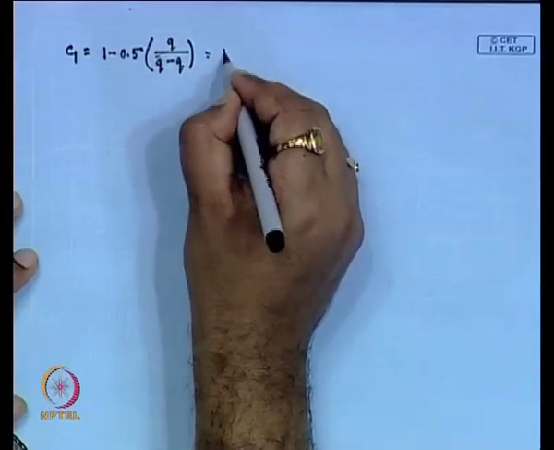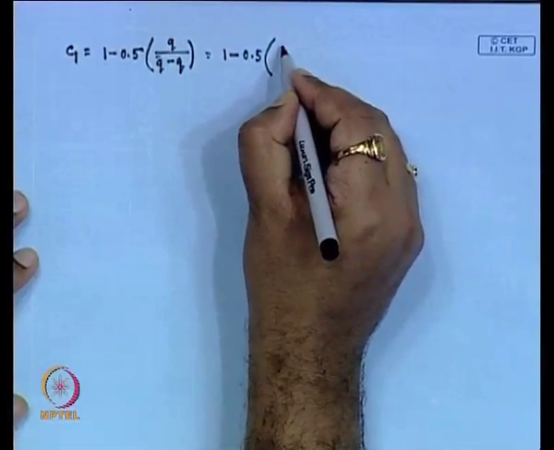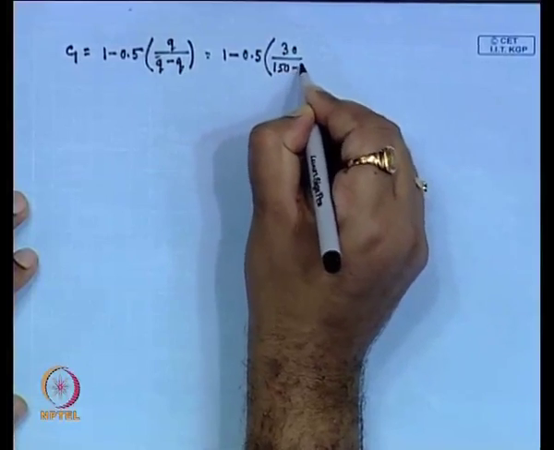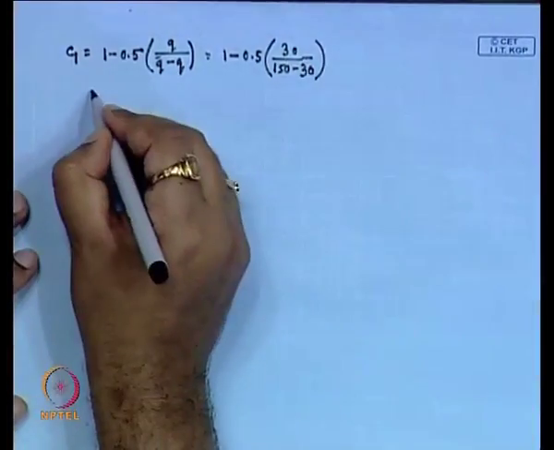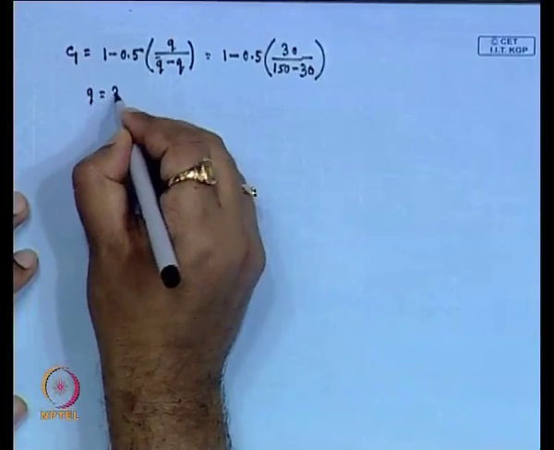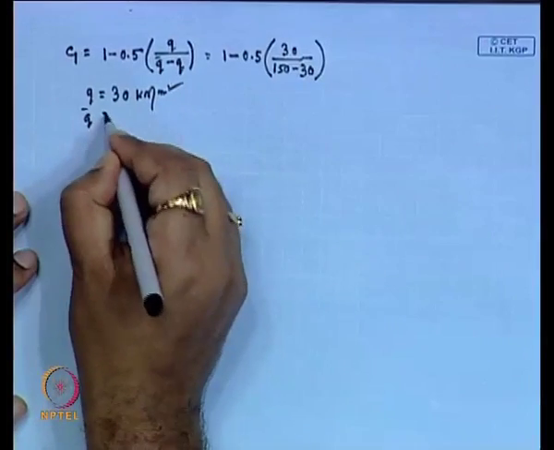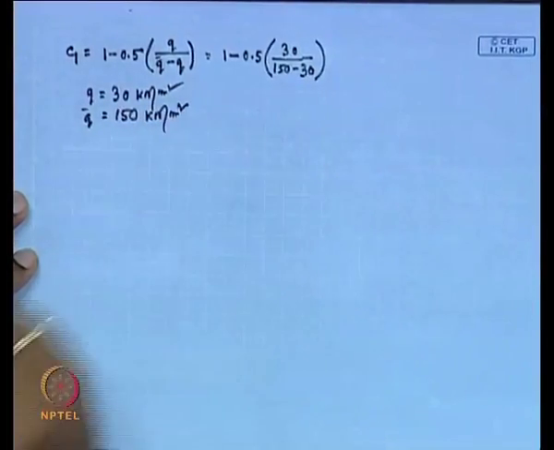So, this value is 1 minus 0.5 into 30 by 150 minus 30, because q is 30 kilonewton per meter square and q bar is 150 kilonewton per meter square.